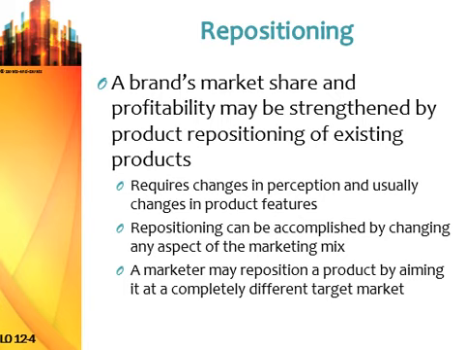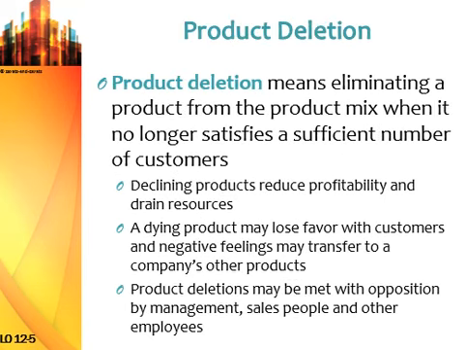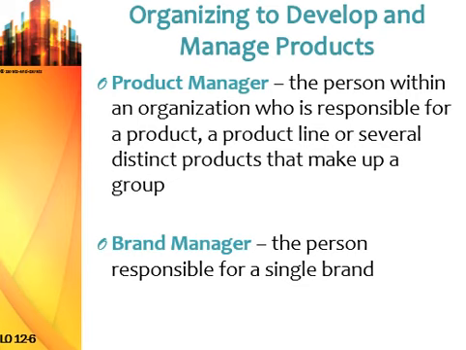So it required repositioning of the brands. And of course, sometimes you have to delete the product in order to free the resources for your more promising products. How do companies organize for new product development?